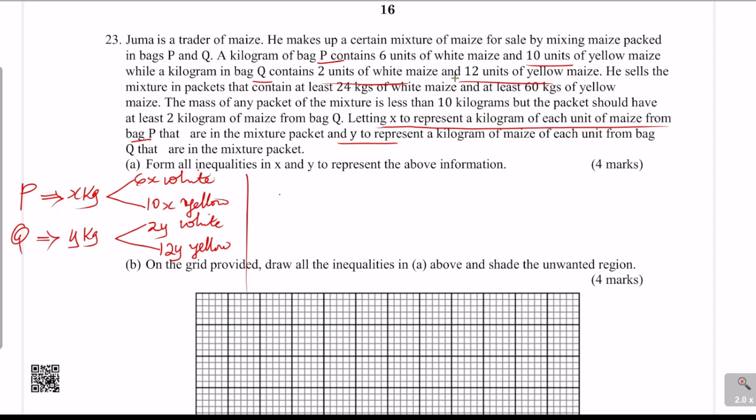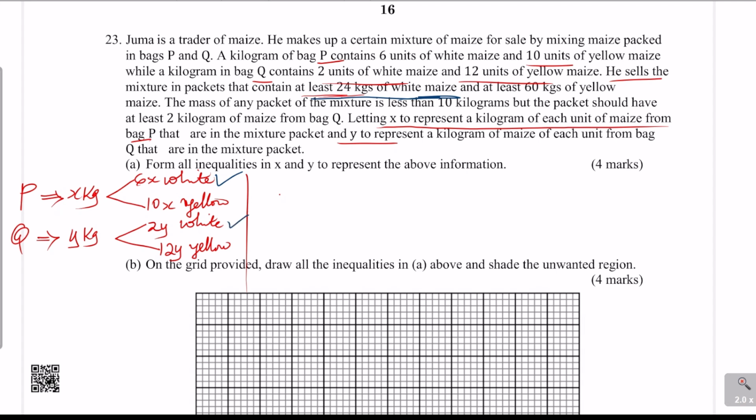Now from the other statement, he sells the mixture in packets that contain at least 24 kilograms of white maize. So where do we have white maize? We have 6X, and then we have 2Y.